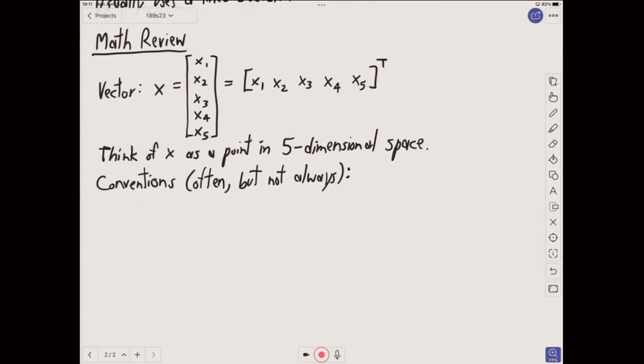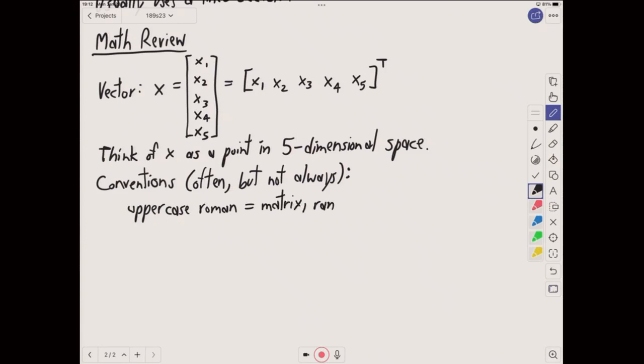Unfortunately, there will be times when I have to break with these conventions, but when I can do it, I will try to make the letters give you a hint about what their structure is. For instance, when you see an uppercase Roman letter, that usually refers to either a matrix, a random variable, or a set, depending on context.